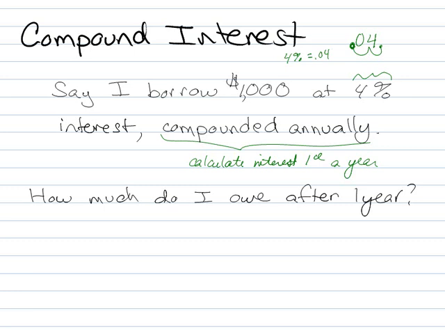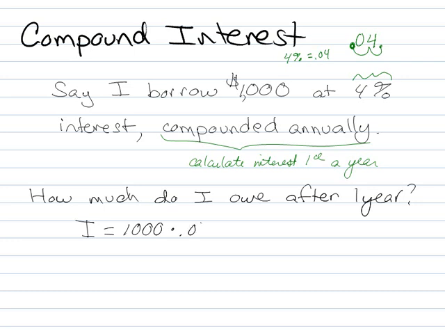To figure out how much money I owe, I'm going to calculate my interest. It's 4% of 1,000, and when I say of, that means times.